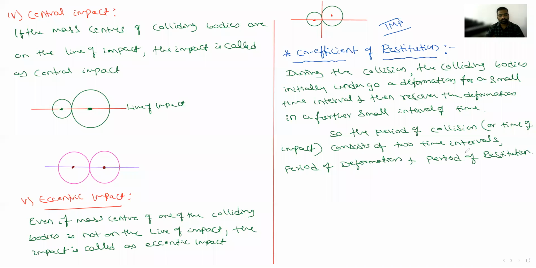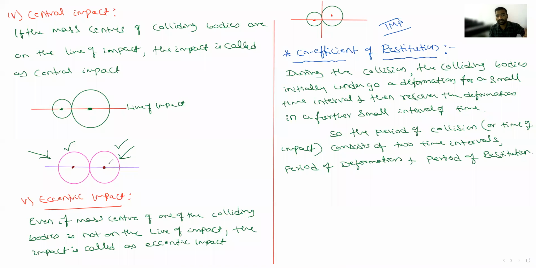See, this is one body and this is another body. Think that this is moving in this direction, and this is moving in this direction. They will come and collide with each other. That collision will be there only for a small interval of time. In that small interval of time, they will undergo maximum deformation, and again in a small interval of time they will separate and move away.